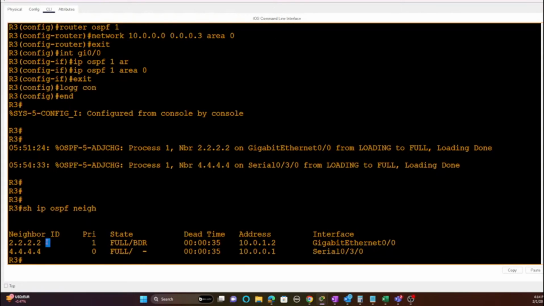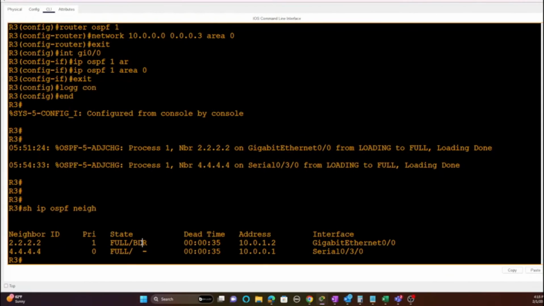Now let's look at the other neighbor 2. Our state is full, but then we see this BDR. I'm going to talk about that in a second, but let's just keep on pressing through. Then we got that neighbor's IP address 10012. Then we got the interface that he's configured on, right? That 10012 is configured on my neighbor's gig 00 interface.